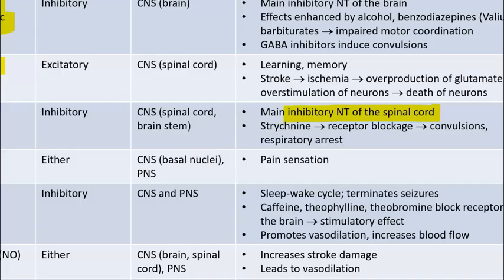Follow my train of thought, okay? If there is an excitation signal that is sent to your muscles, what do you think your muscles are going to do? They're going to contract, yes. If there is an inhibitory signal, what do you think they're going to do? They're going to relax. Yes.